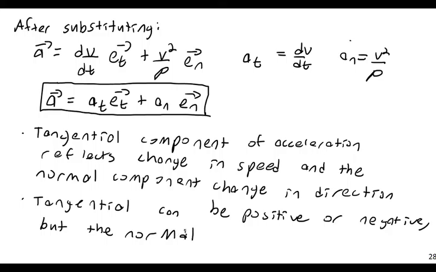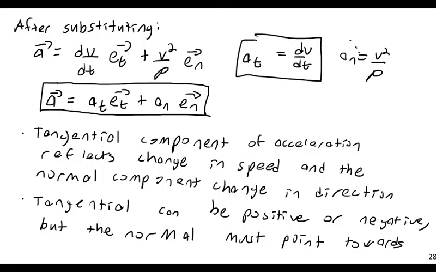It can only be positive if we want to look at it that way. It must point towards the center of curvature. So I would also maybe box this one and this one because these are particularly useful.